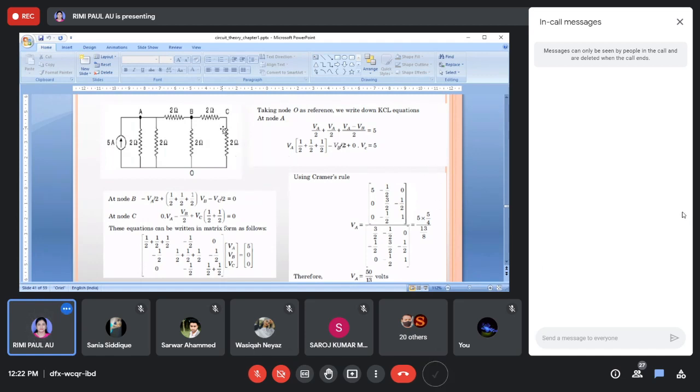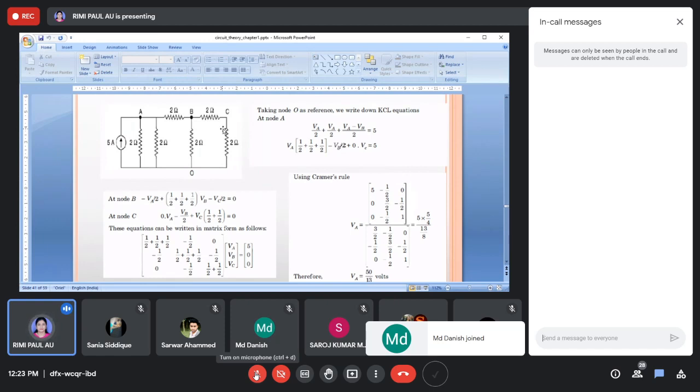Nodal or mesh? Nodal analysis. First of all, anyone tell me the number of equations required if I solve using the nodal method.